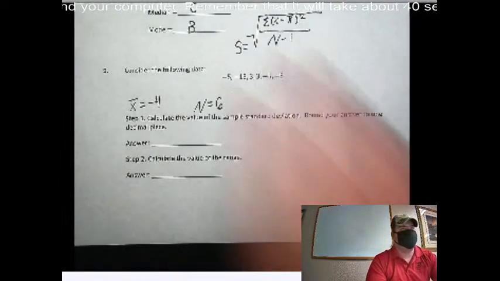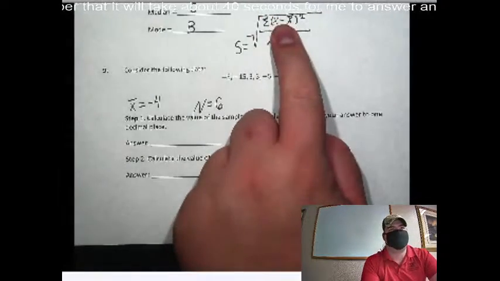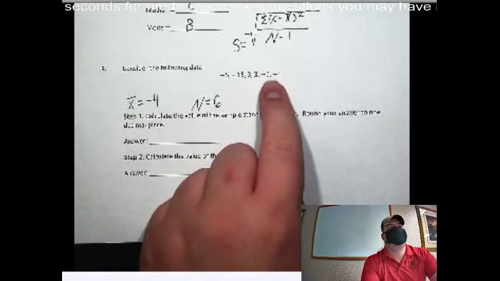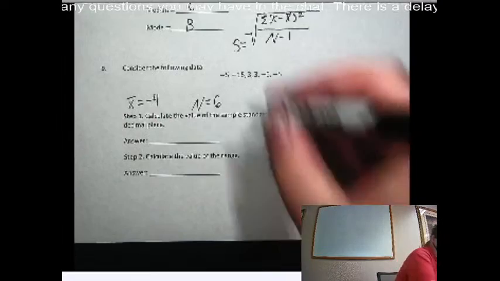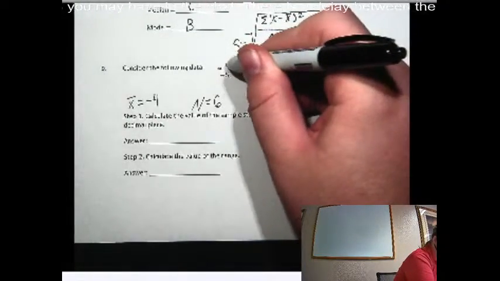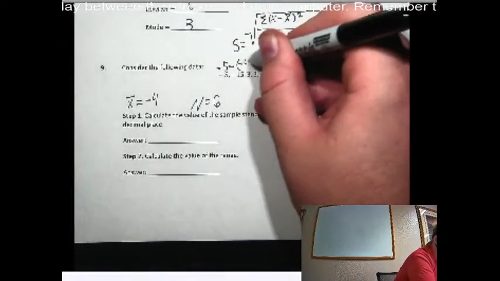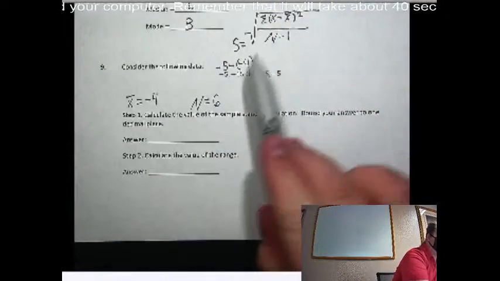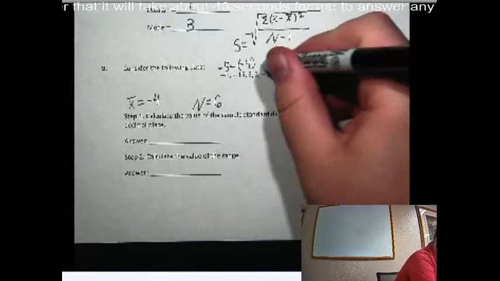So now we can take these, put them into our formula, and work our way through it. Of course, the first thing we need to do is x minus x bar. So each of these x values is going to get this taken away from it. For this first one, negative 5 minus negative 4. So what does this double negative do? Becomes positive.